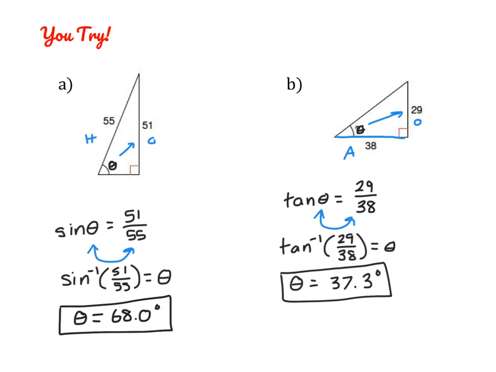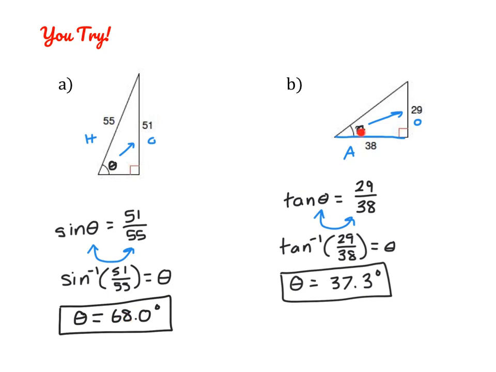Okay, so let's have a look. For example A, we are working with the opposite and the hypotenuse, so that means we'll be working with sine. So sine of theta is 51/55, so that means that theta is equal to the arc sine of 51/55, which if you plug into your calculator and round properly, you should get 68.0.